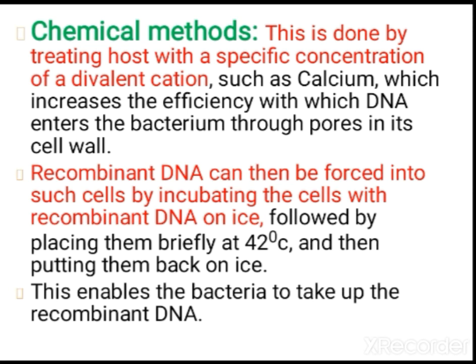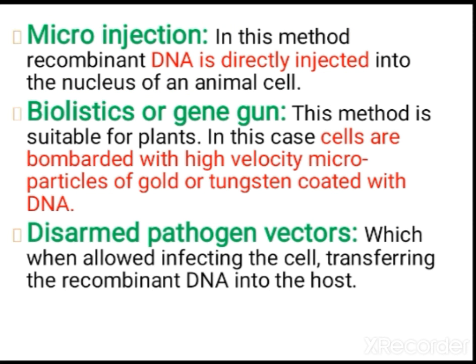The recombinant DNA can then be forced inside such cells by incubating the cells with recombinant DNA on ice. Then we place them at high temperature, about 42 degrees Celsius, then put them back on ice. Treating like this enables the bacteria to take up the recombinant DNA.